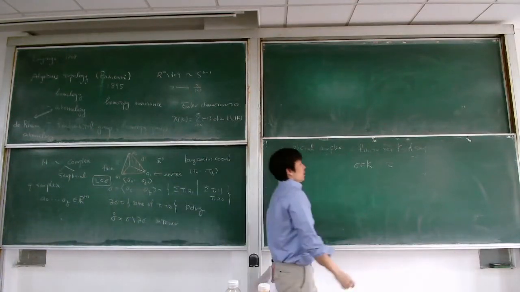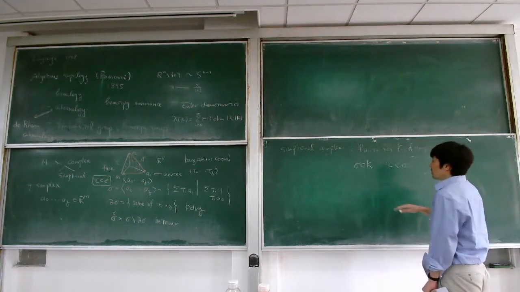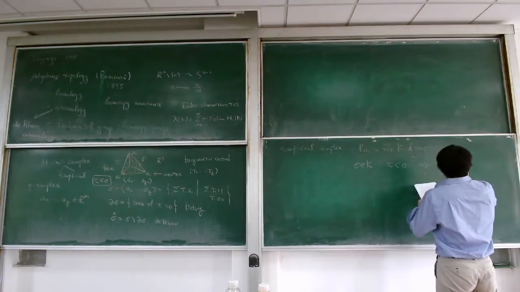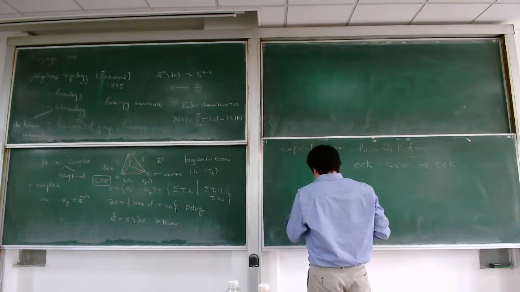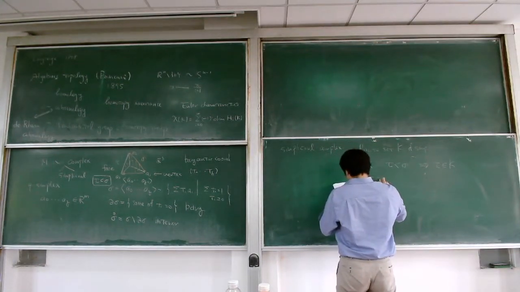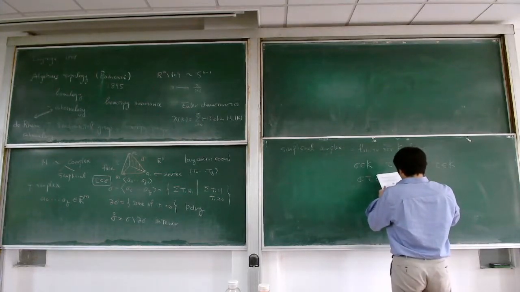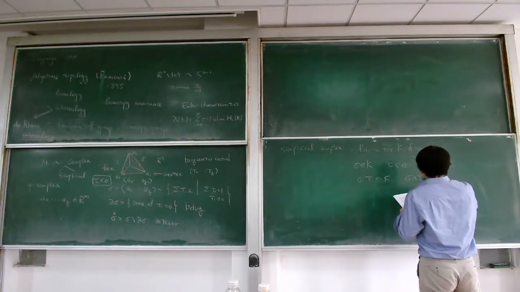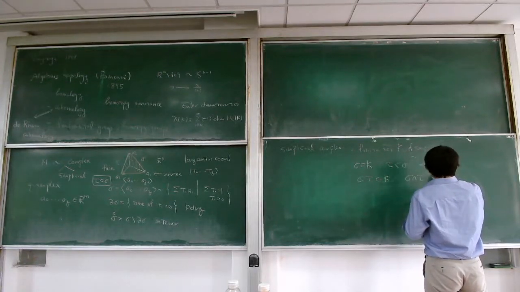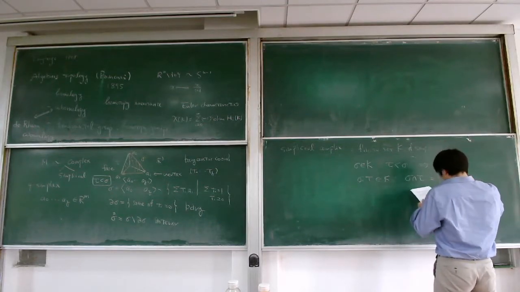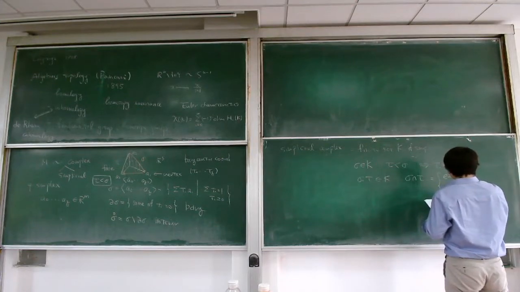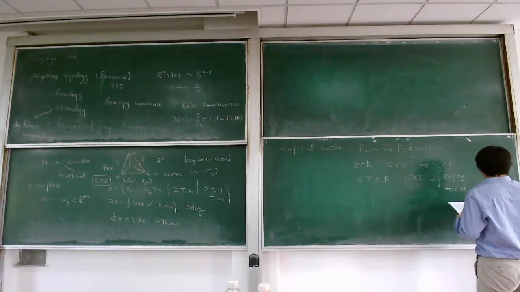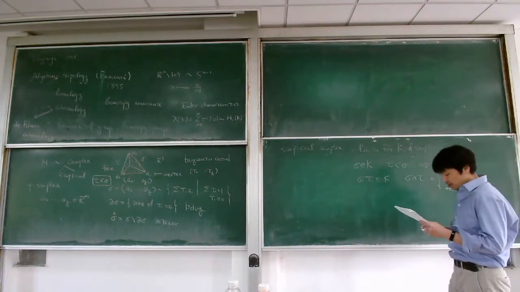If tau is a face of sigma, then tau is also included inside the finite set K. And also, it's very trivial, if sigma and tau are in K, then their intersection is either empty or a face of both sigma and tau. It's very simple.